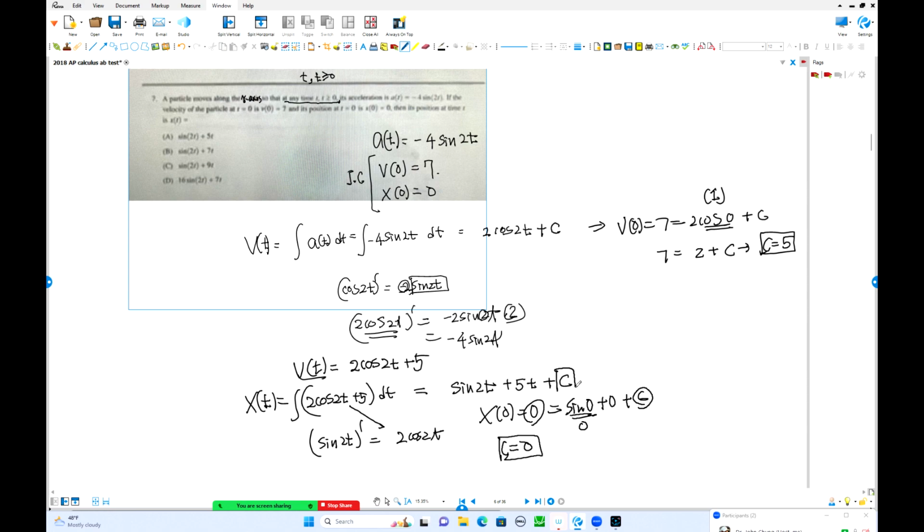So x of t is actually equal to sine 2t plus 5t. That's correct. We remember these same questions appear every test. Using acceleration, you're going to find velocity and find position.